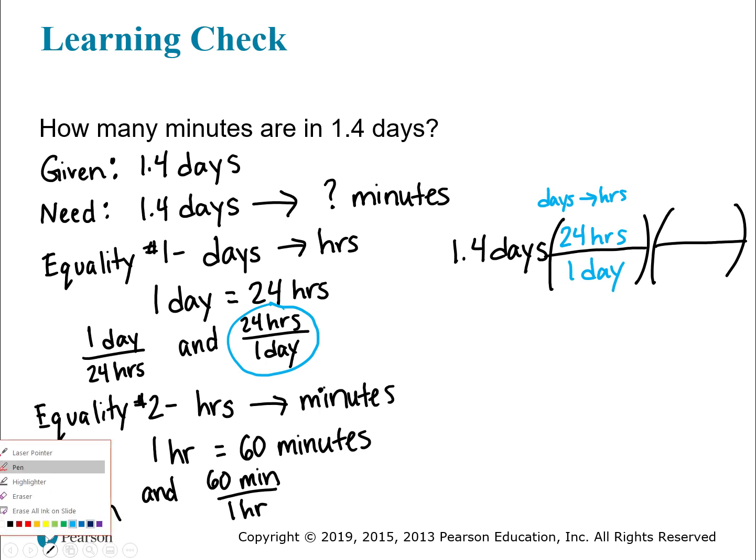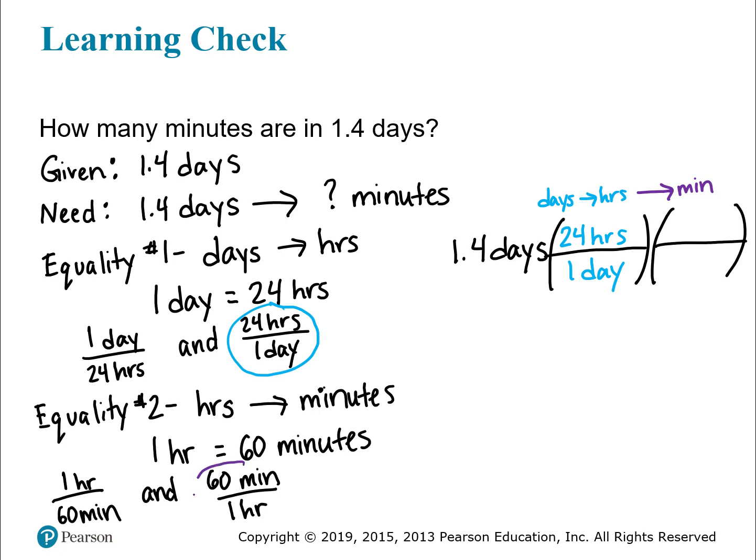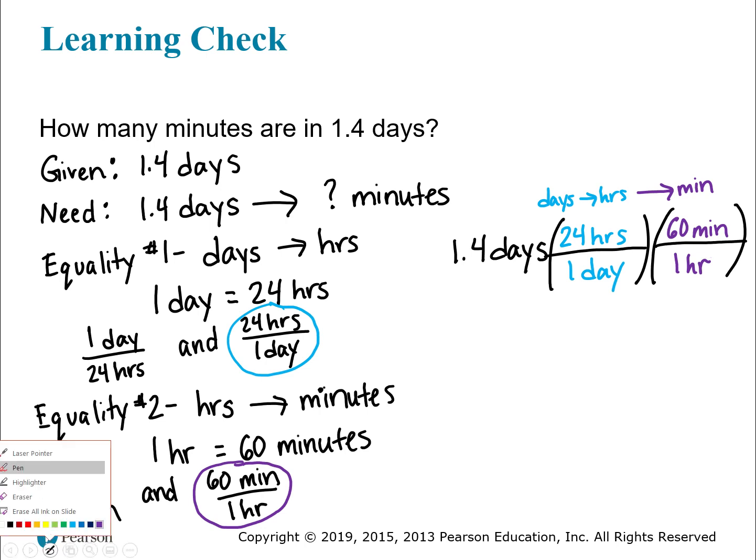The next piece, we want to go from hours to minutes. That means we're going to want minutes on top. So just from looking at it, you know you're going to end up with a big number. And that makes sense because minutes are a smaller slice of time than days.